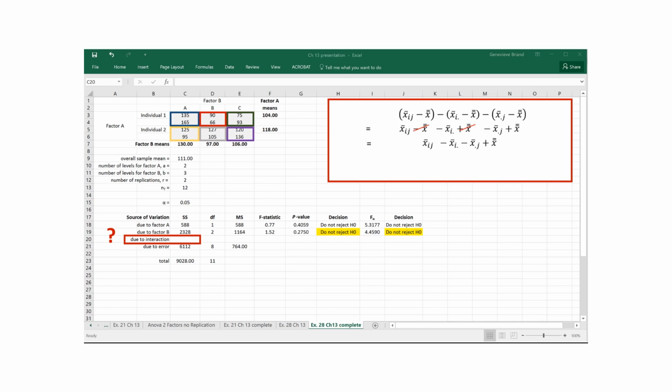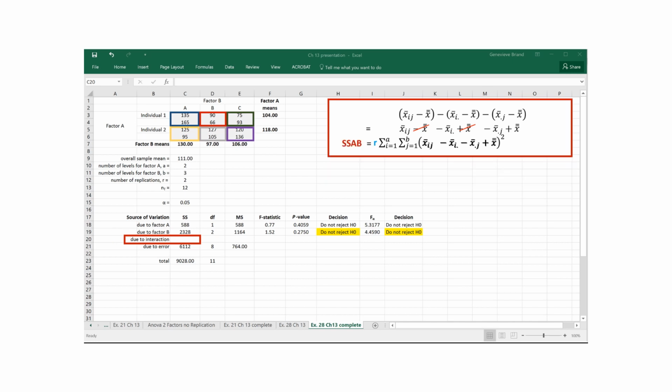After simplifying the algebraic expression and taking the square of it, and doing that for all groups characterized by a given level of factor A and a given level of factor B, adding them all up and weighting them by the number of repetitions, we get our sum of squares for interaction.